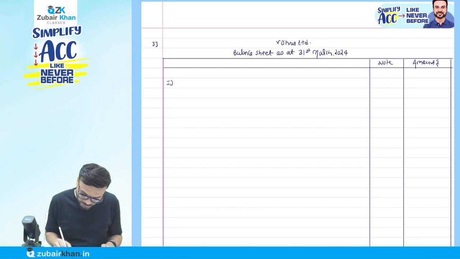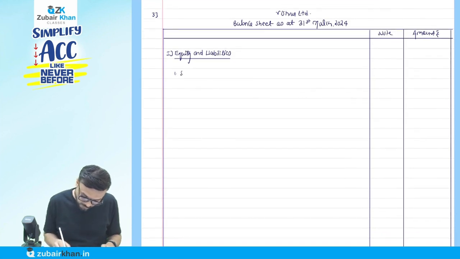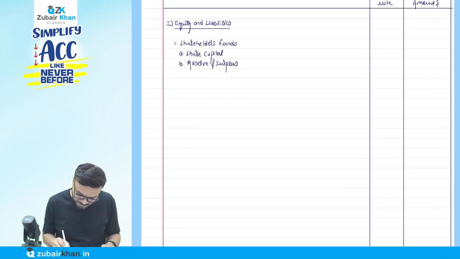Then first is equity and liabilities. Shareholders' funds: write down shareholders' funds. Under shareholders' funds, share capital; point B, reserve and surplus.